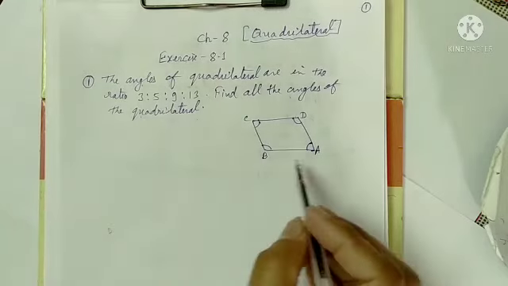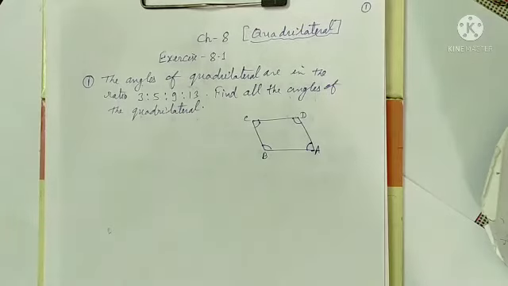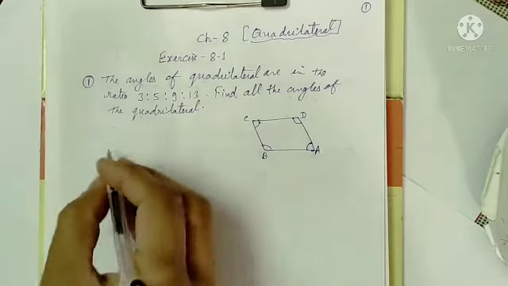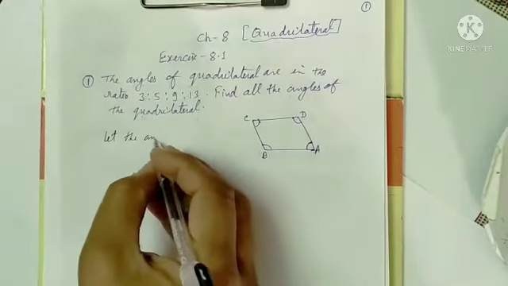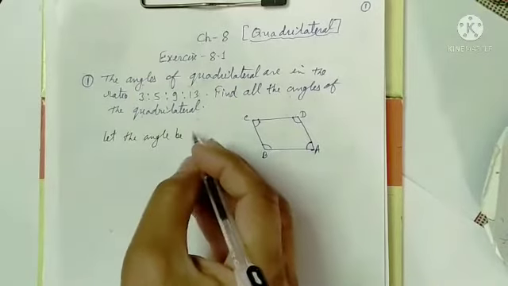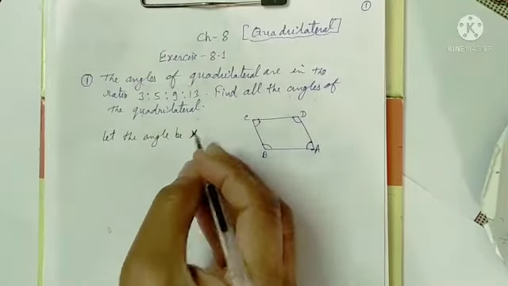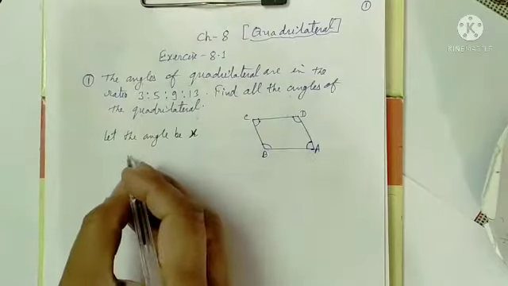First of all, we have drawn a rough sketch of a quadrilateral ABCD, and then simply let the common ratio be x. Suppose we have let x here. So what is the angle A?